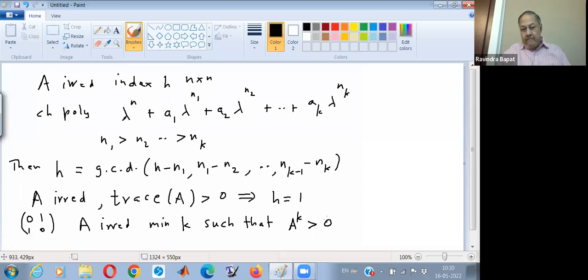I think I will not go into connecting it with the index, but all I want to say is that if there exists such a k, then we will say that A is power positive. That means some power is positive, and it will turn out that it is also primitive. So I think this minimum has no meaning. Suppose there exists a k such that that power is positive, then A is primitive.